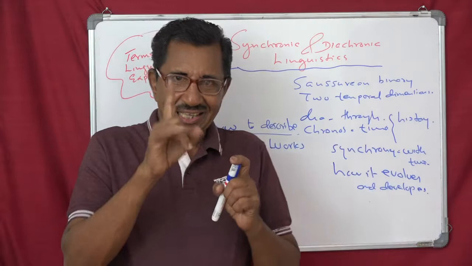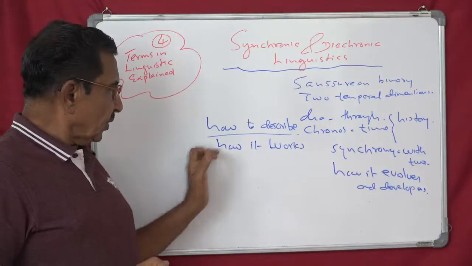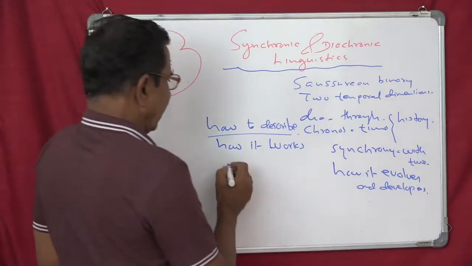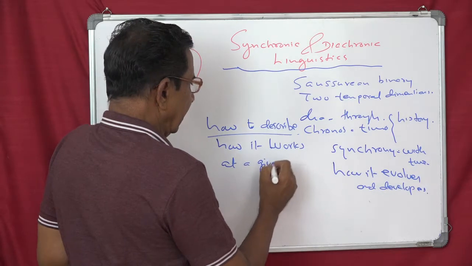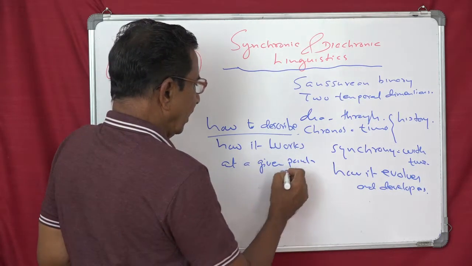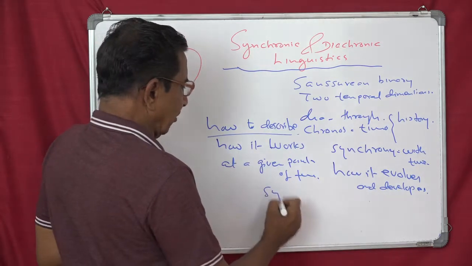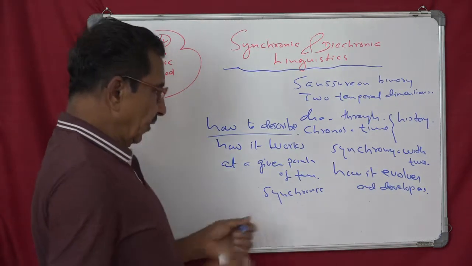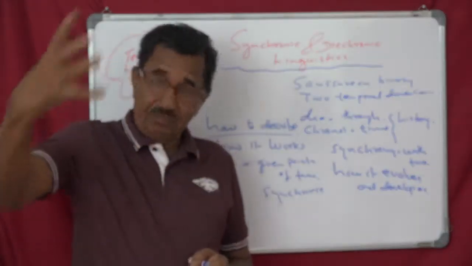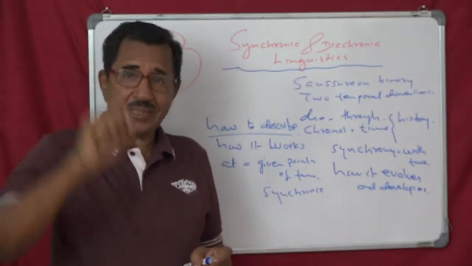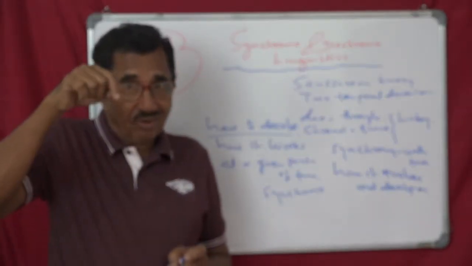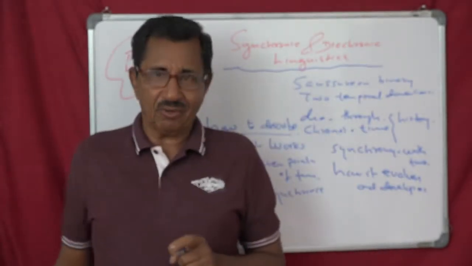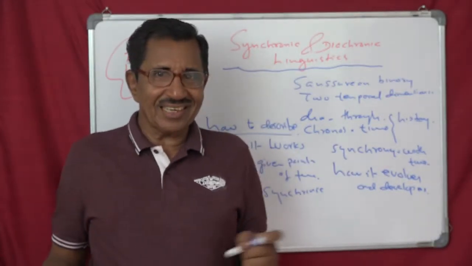So the keywords are this: how to describe and how the language works at a given point of time, the study at a given point of time, that would be synchronic. On the other hand, if you are studying how the language evolved and developed, that is diachronic. How it functions or works at a particular given period of time, that will be synchronic. I think enough examples have been given, it is clear to you.